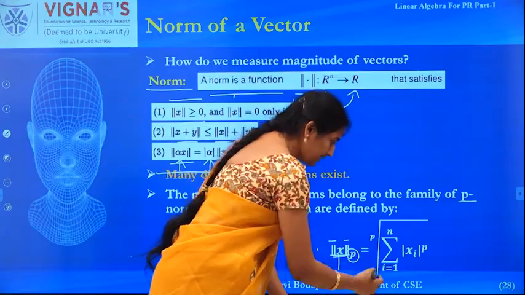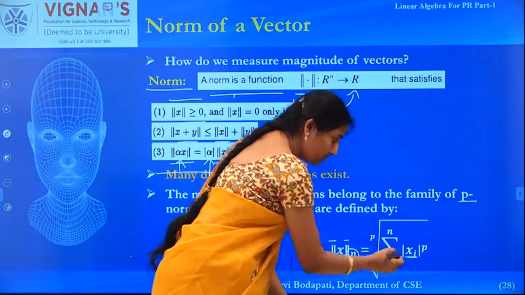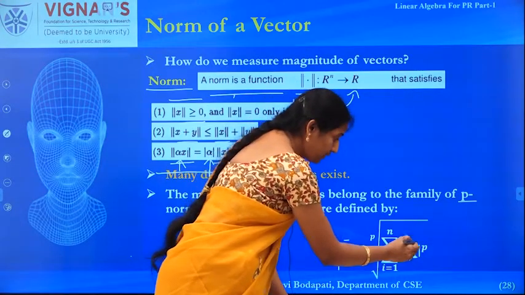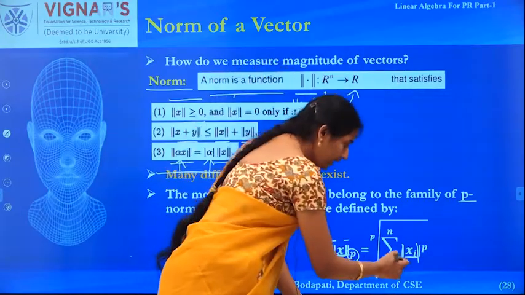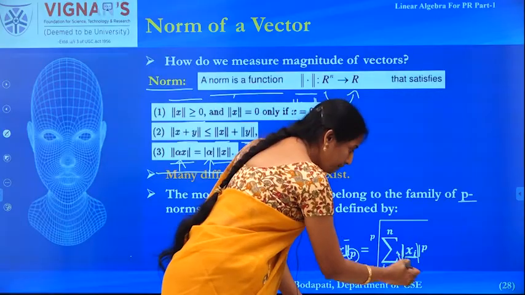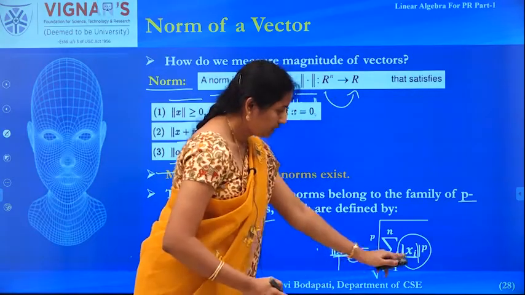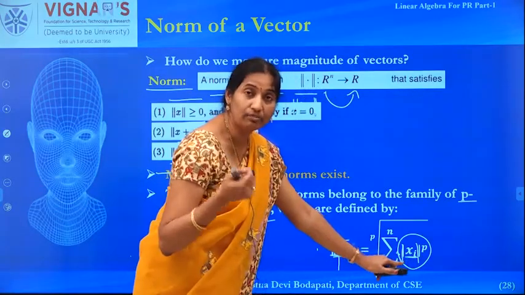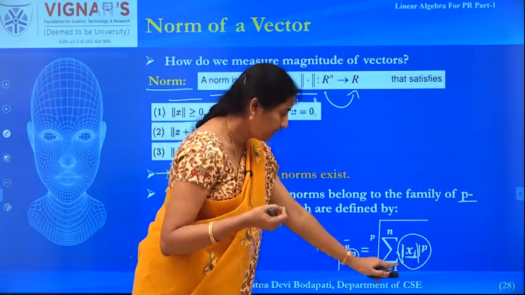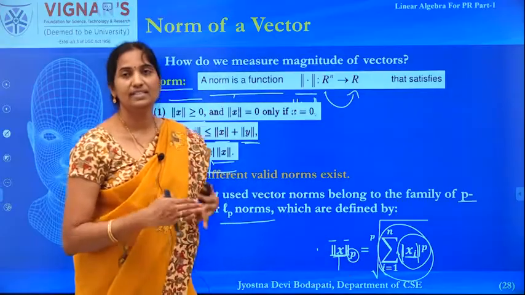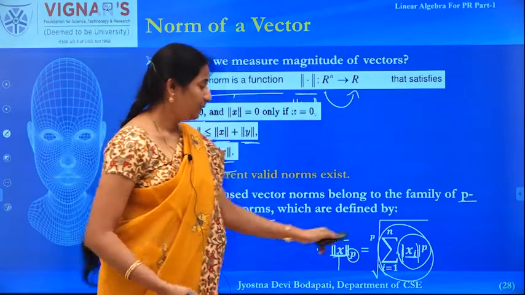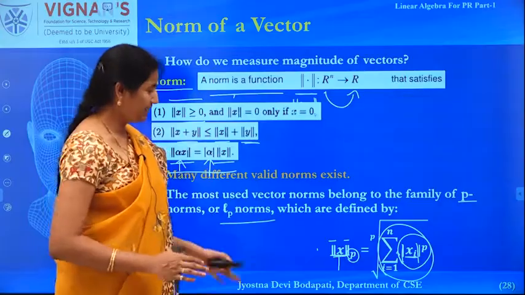It is defined as, you take the absolute value of every individual element of your vector, raise it to the pth power, take the sum of all those elements, and then on the resultant summation you apply the pth root. That results in the pth norm.